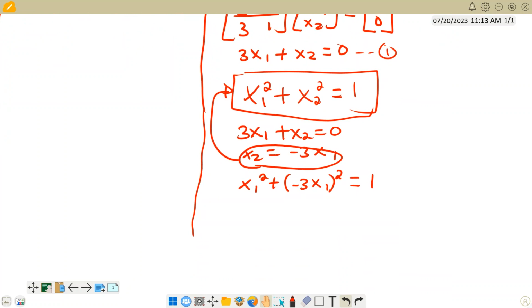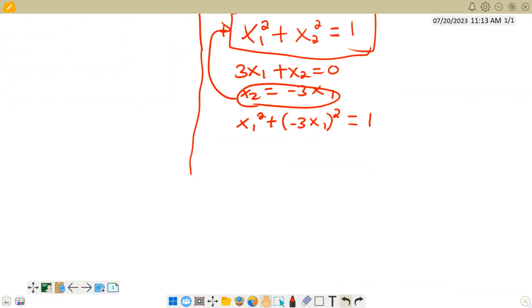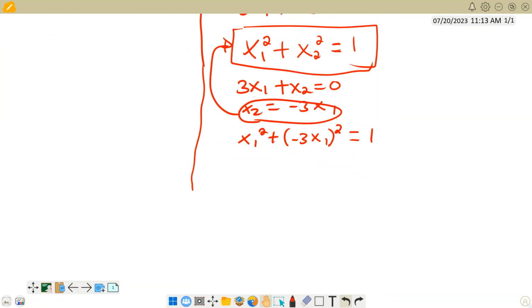So that we've got x1 squared plus 9x1 squared is equal to 1, right? So practically here we're going to have 10x1 squared, which is equal to 1.